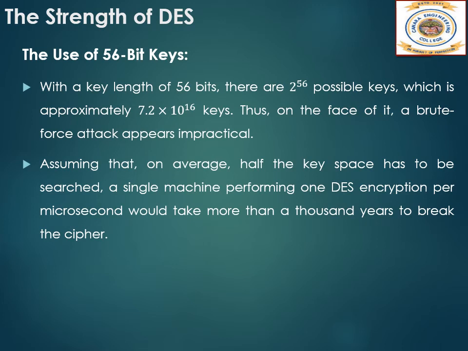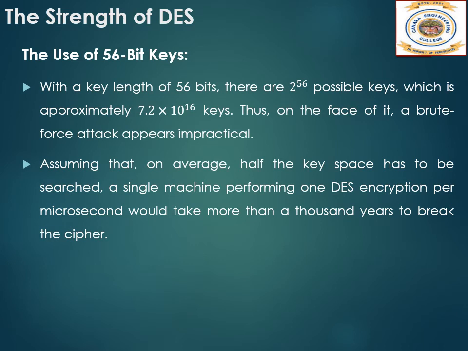DES was finally and definitively proved insecure in July 1998 when the Electronic Frontier Foundation announced that it had broken a DES encryption using a special purpose DES cracker machine that was built for less than $250,000. The attack took less than 3 days.